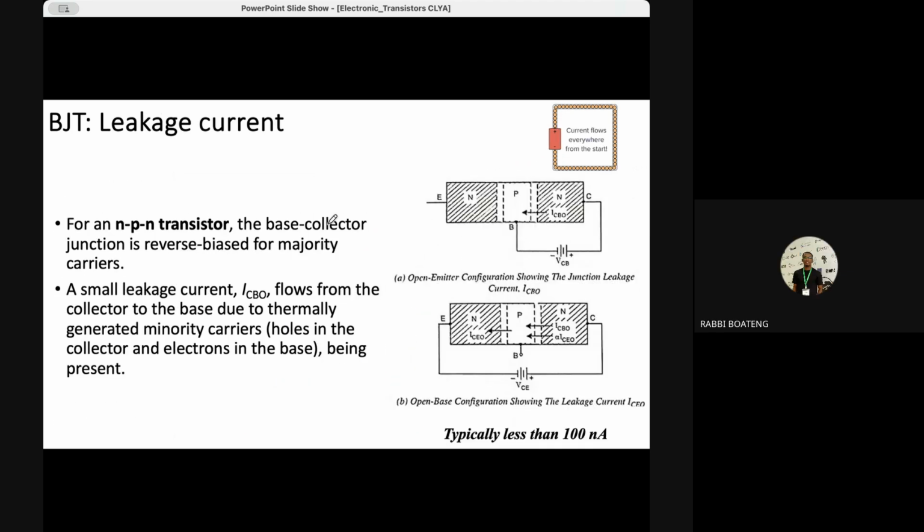So here I was explaining the fact that we have something called the leakage current. If you remember, we learned that a minority carrier can even move because of other influences, like any source of energy that it gets apart from the EMF. Is that okay? That is what happens here.